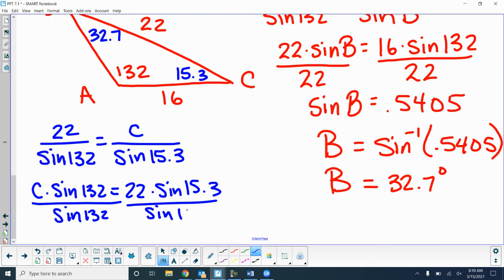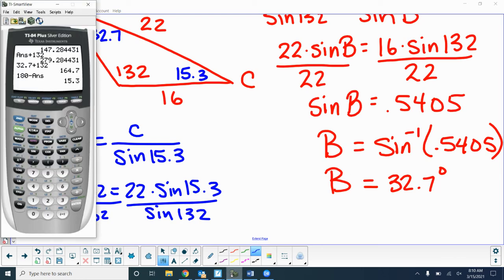Any questions? 22 sine 15.3, close it up, divided by sine 132, close it up. So that's a 7.8 length.